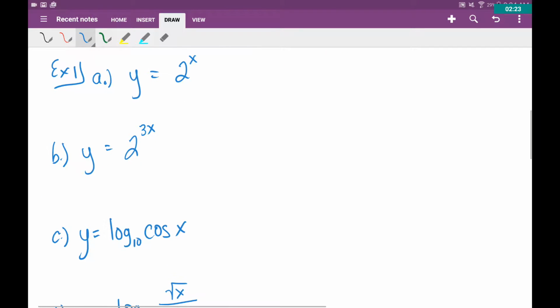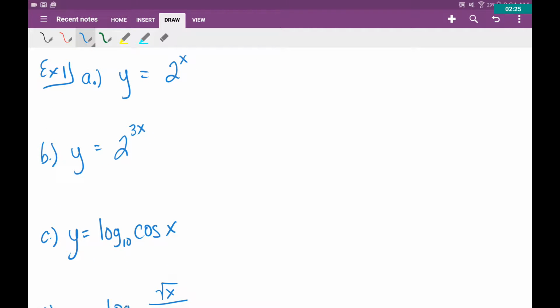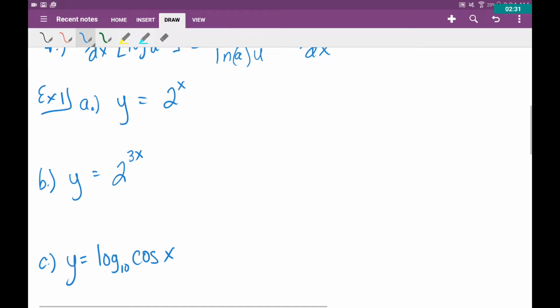All right, so we only have one example. We're going to do 4 smaller examples inside of those and go from there. So first one, y equals 2 to the x. I want to find the derivative of that. So y prime, let's change colors actually so we can see it better.